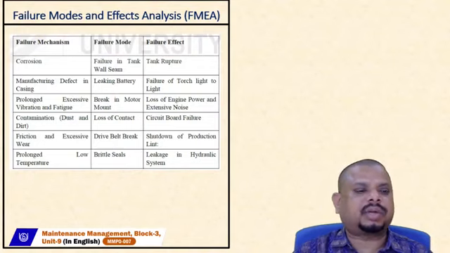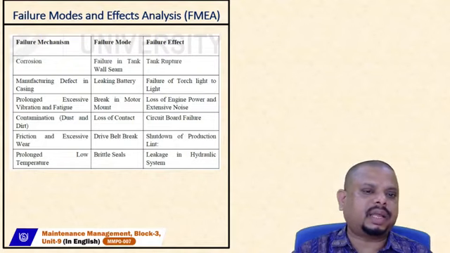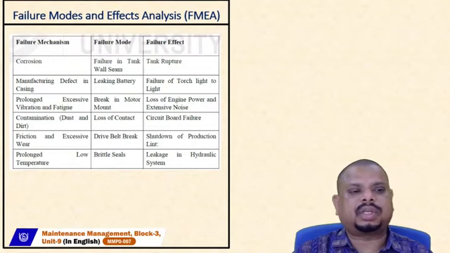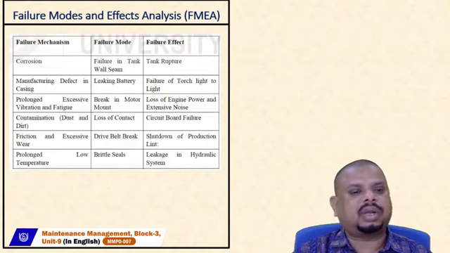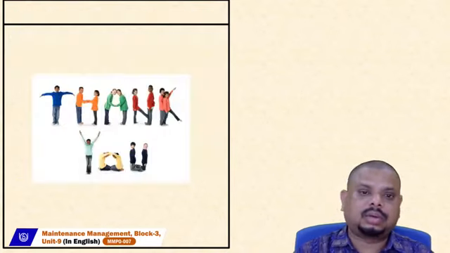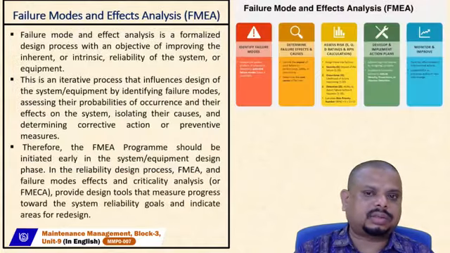So here I have given some examples of electrical and mechanical failures with reference to different failure modes, and these are basically done by the failure mechanism of different departments, with reference to the mechanical or electrical maintenance departments. So thank you. Let's overview this particular section.